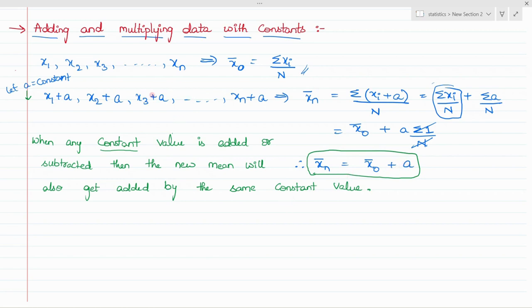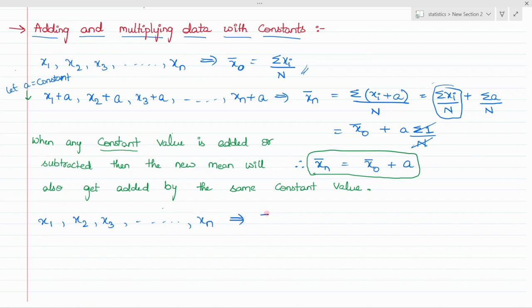Now, how will the variance or the standard deviation change when we add a constant value? So let's see that also. Again, the same original data, that is x1, x2, x3, so on till xn.